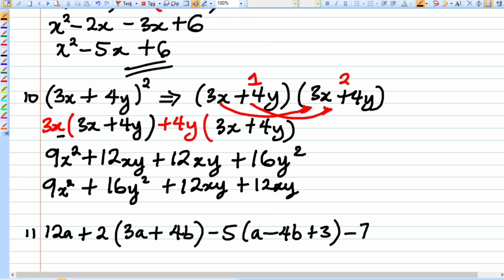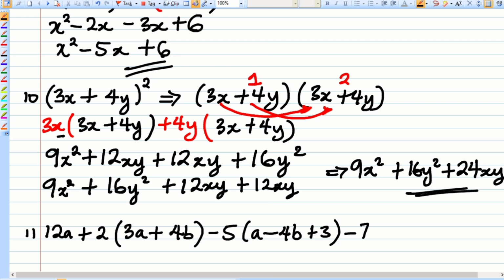You see that they are like terms, so finally we can simplify. Our final answer would be 9x squared plus 16y squared plus 12xy plus another 12xy. What do we have? We have 24xy. Since they are like terms, we can add together. So that's our final answer.